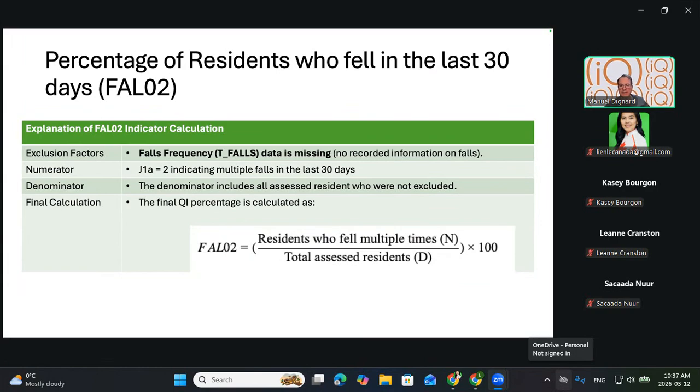Residents who experience one or more falls in the last 30 days. The calculation is pretty straightforward.